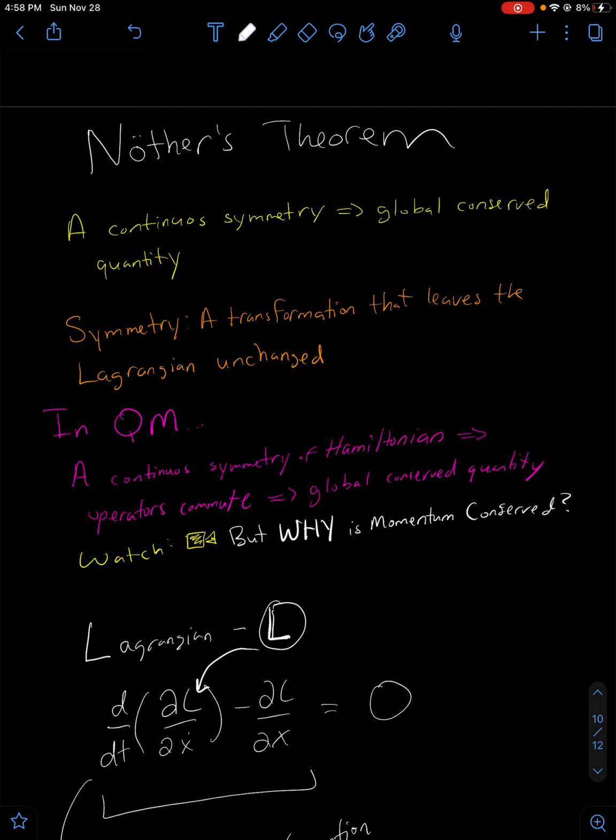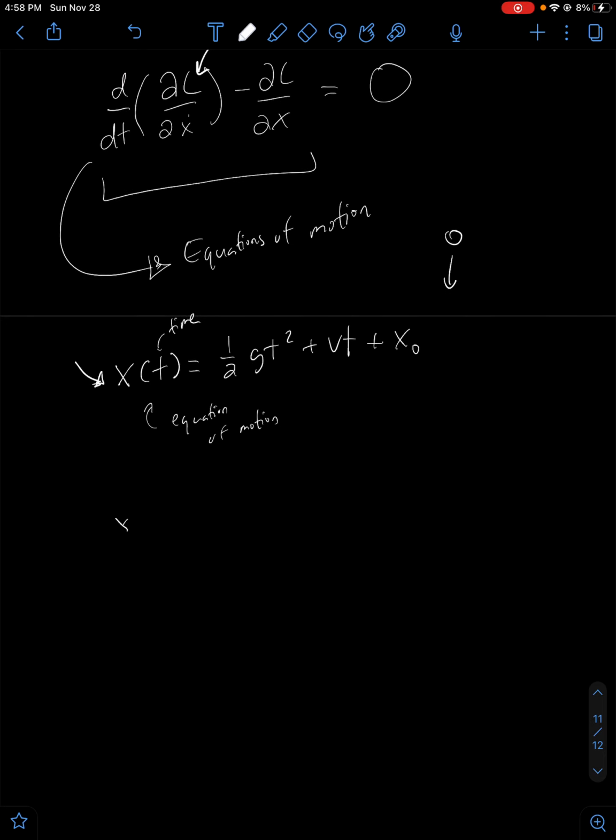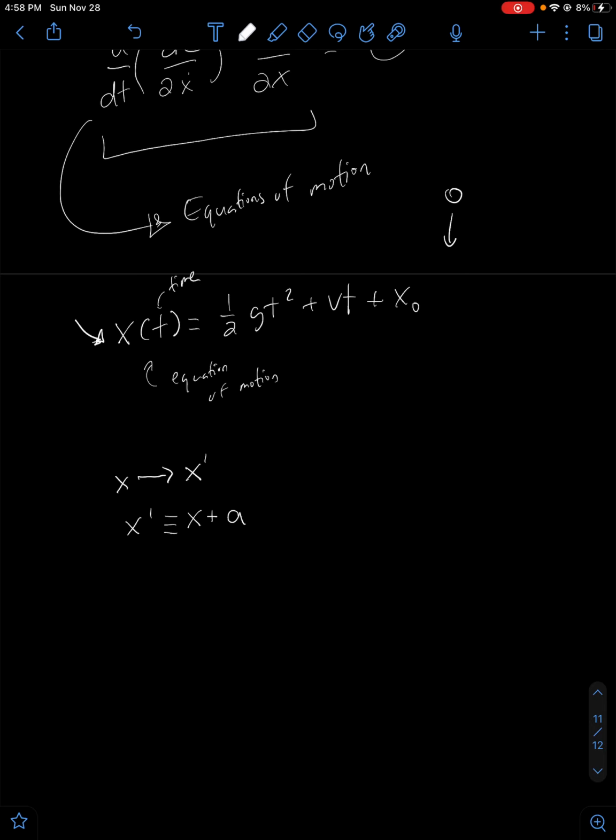And a continuous symmetry is a transformation that leaves the Lagrangian unchanged. So say I have some coordinate position x, and I transform x into some new variable x prime, where x prime is defined as x plus some number a. This might change my Lagrangian from L to L prime, right?